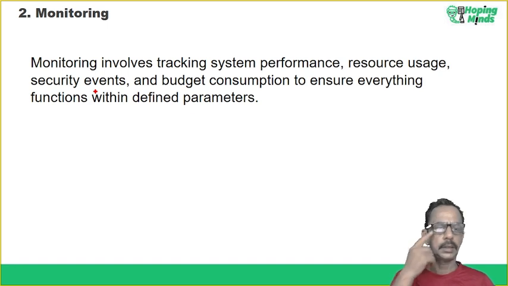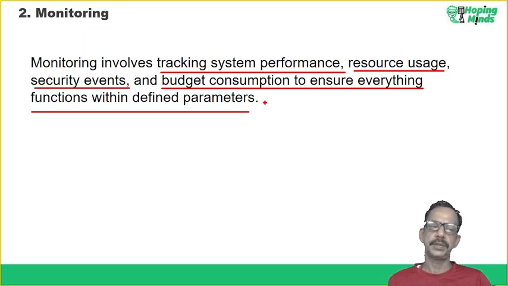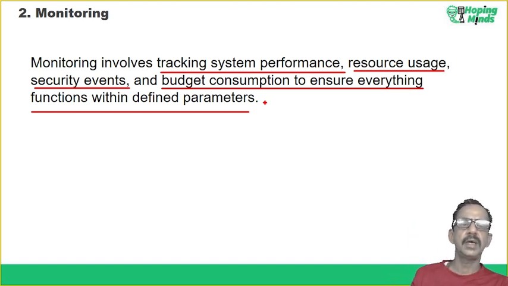Then come to the monitoring part. Monitoring involves tracking system performance, resource usage, and security events, including budget consumption, to ensure everything functions within defined parameters. We discussed monitoring previously in our sixth module, but I'm still revising, where we can track the performance, how many resources we are using, what security events are happening there, and the budget consumption.